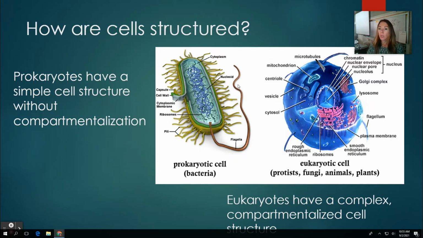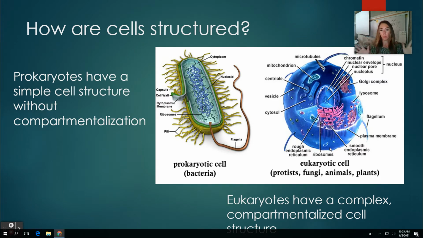Okay, so here's kind of a review from freshman year, but this is a prokaryotic cell, right? Single cell. This happens to be bacteria. This is our eukaryotic cell in general. This is not a plant cell, this is an animal one, but protist, fungus, we talked about amoebas, parameciums, those are eukaryotic cells, and then animals and plants.